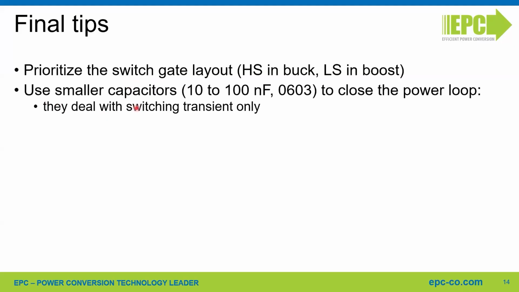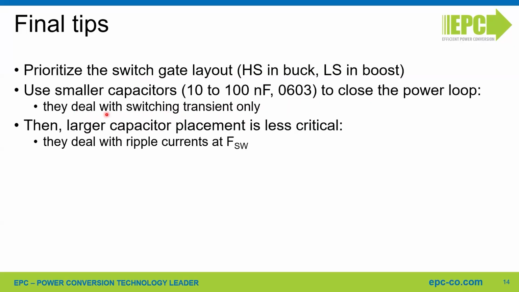Smaller capacitors in large numbers can be used to close the power loop locally. Those are what we call the high frequency capacitors, and they need to deal only with the switching edges. Larger capacitors can be placed, but it is less critical. They need to deal with the ripple currents at the switching frequency.